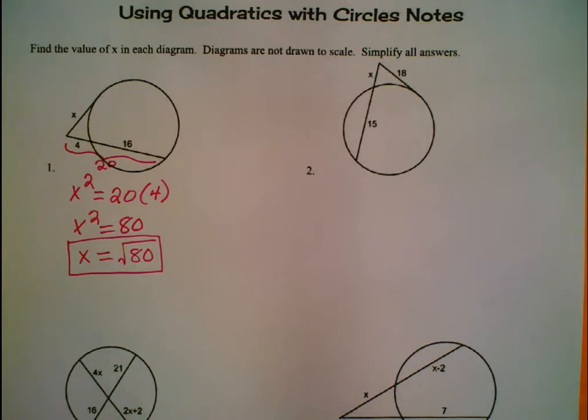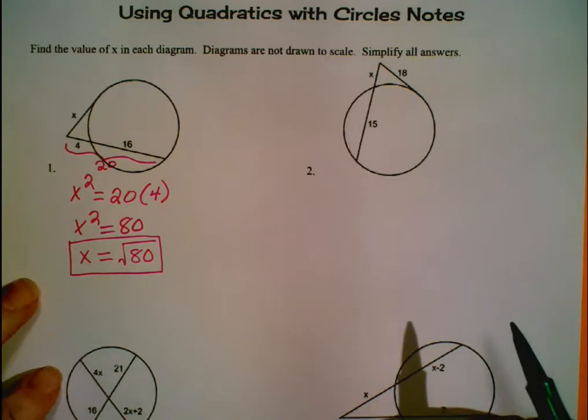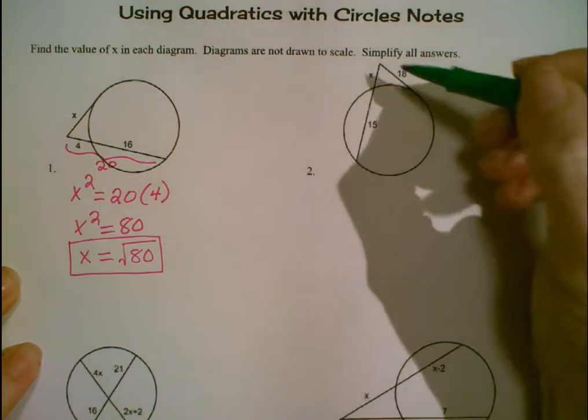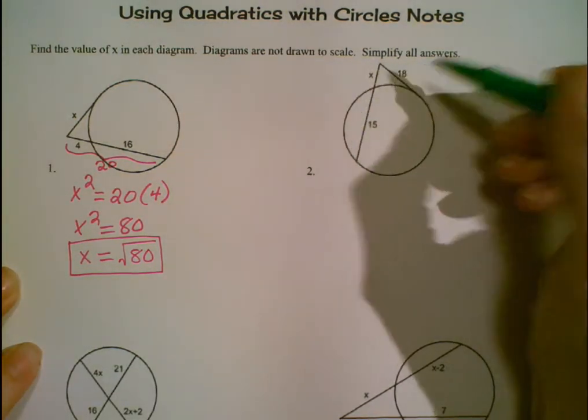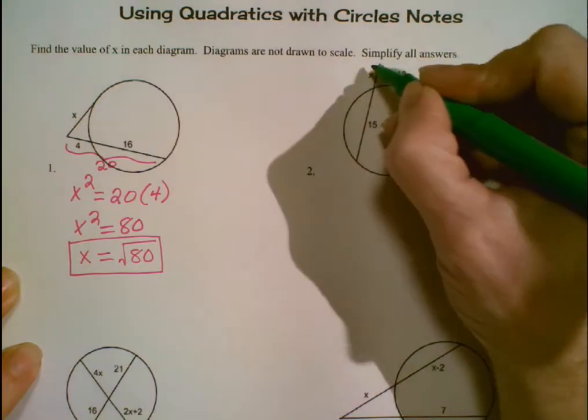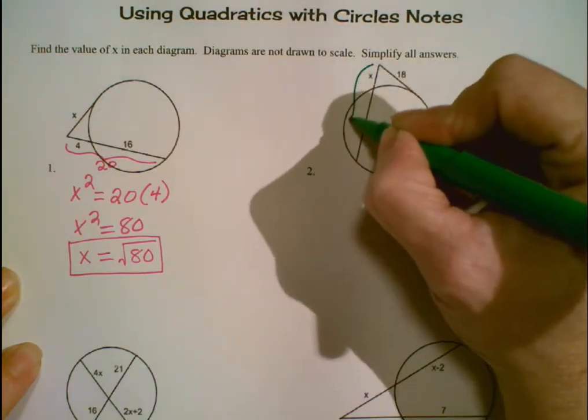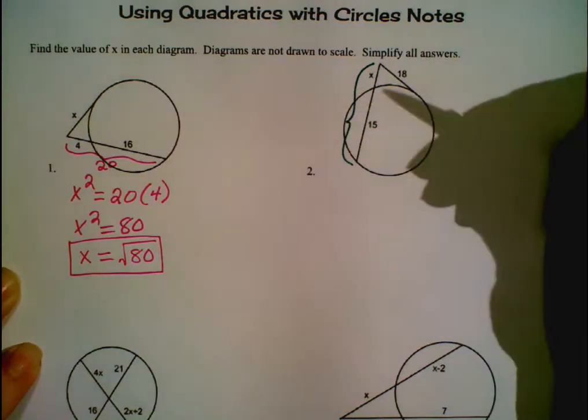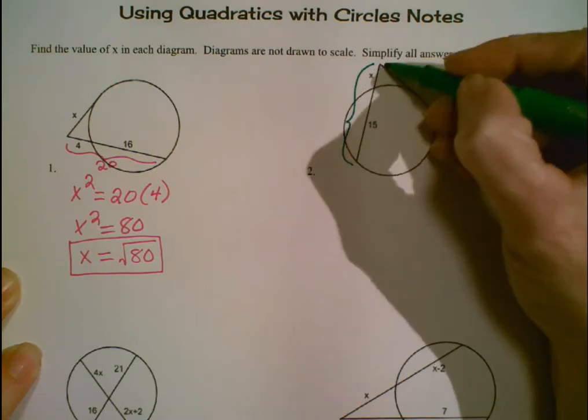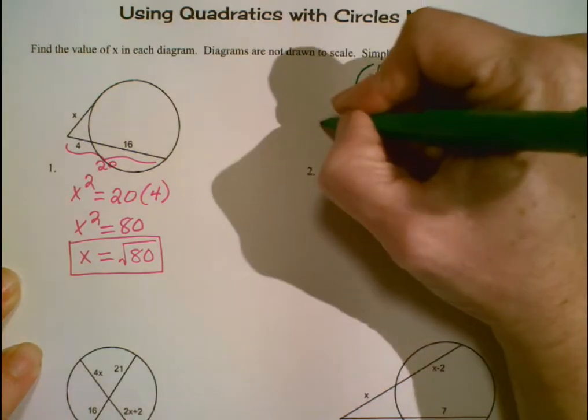All right, so let's look at the second example then. Same type of relationship that we see in the first. The tangent gets squared, and for the secant, we take the length of the entire segment times the external portion. So the entire segment here would become x plus 15.